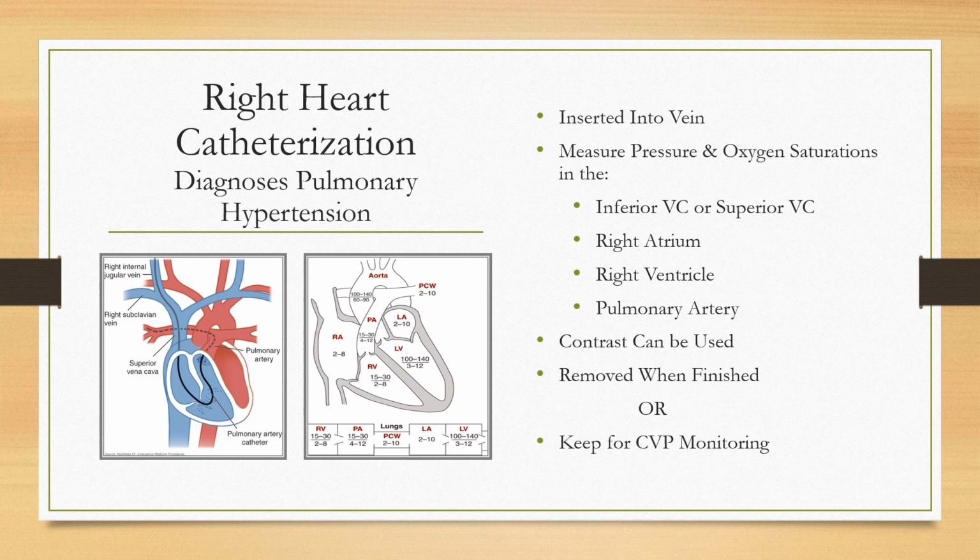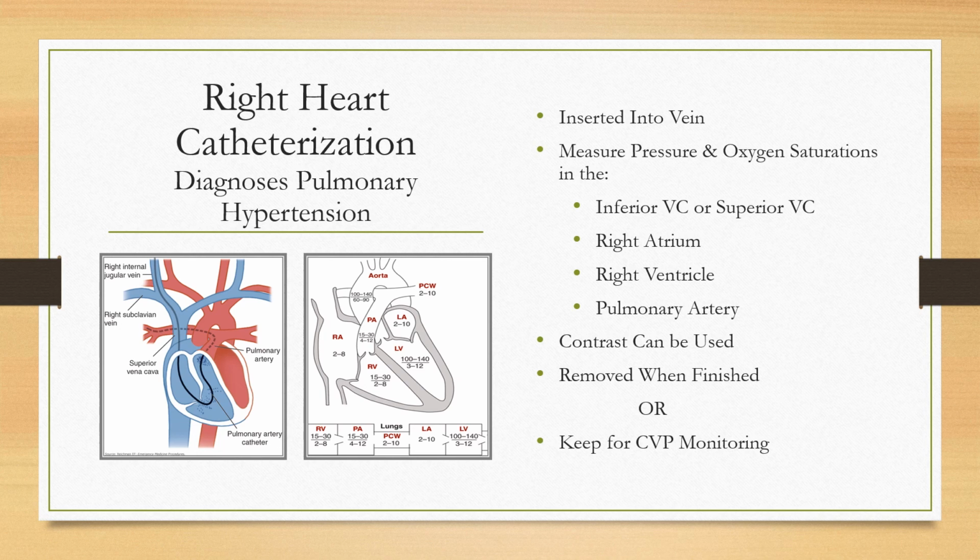So we can get the catheter into the inferior vena cava or the superior vena cava by accessing the central circulation, and then we can get it into the right atrium, right ventricle, and pulmonary artery. And you can see the image on the left there that the catheter is coming from the jugular vein, and it's threaded down, and on the way down it's taking pressures.